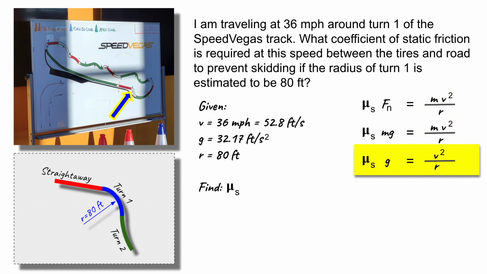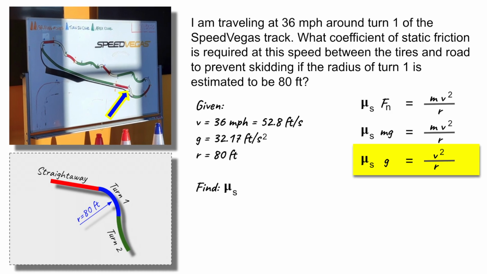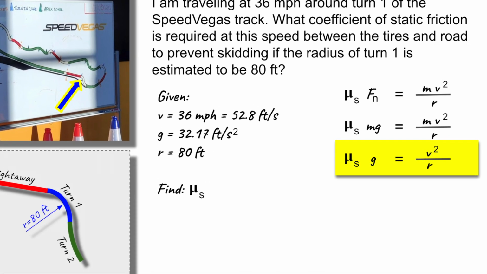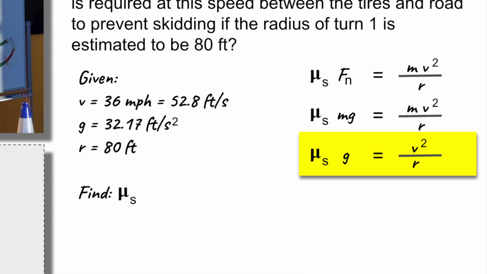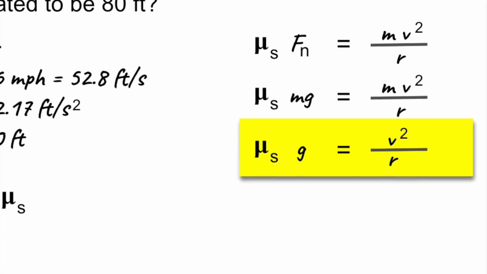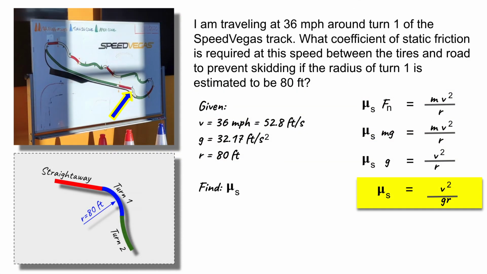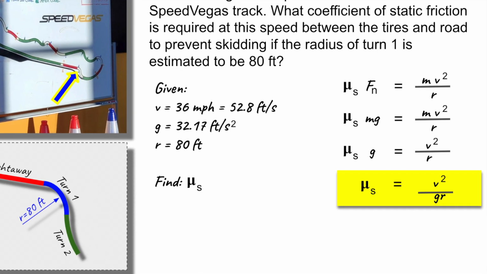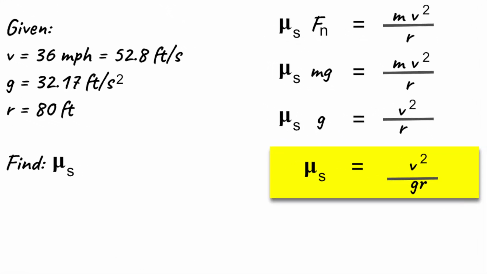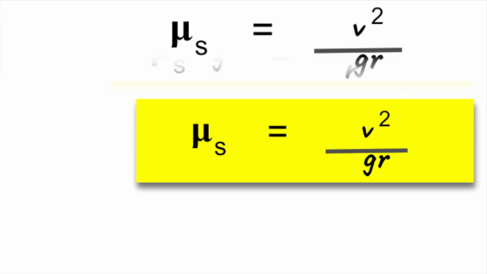If you notice, the mass is on both sides of the equation, so they cancel one another out, leaving us with the coefficient of friction times the acceleration due to gravity equal to the velocity squared over the radius. Isolating the coefficient of friction on one side and moving gravity over to the other, we have finally solved for mu.